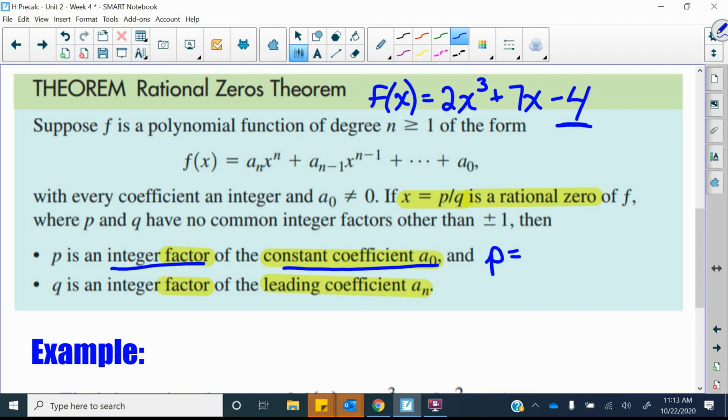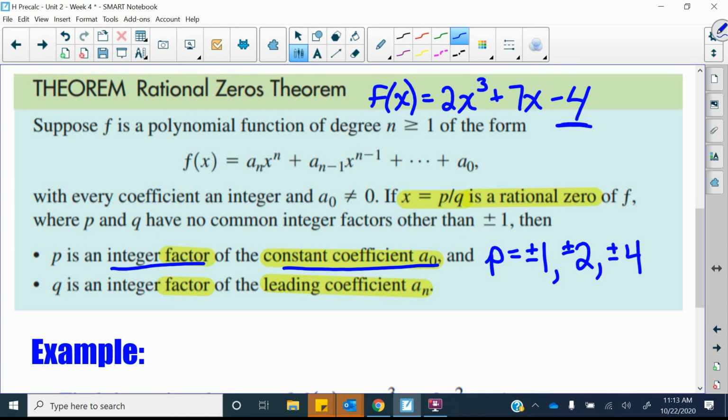What are numbers that divide easily into -4? We're going to include both positive and negative integers. Positive and negative 1 is a number that goes into -4, and it's going to exist for every single one of these. Positive and negative 2 is also an integer factor of 4, and positive and negative 4 itself as well.